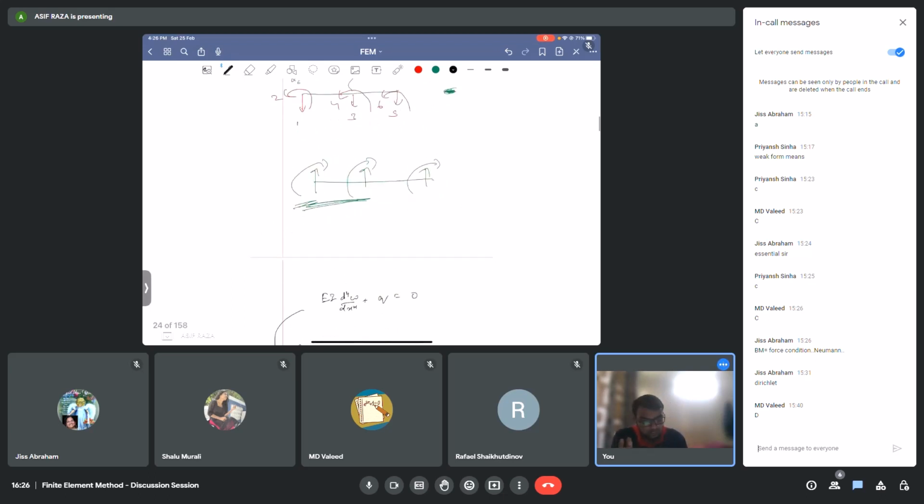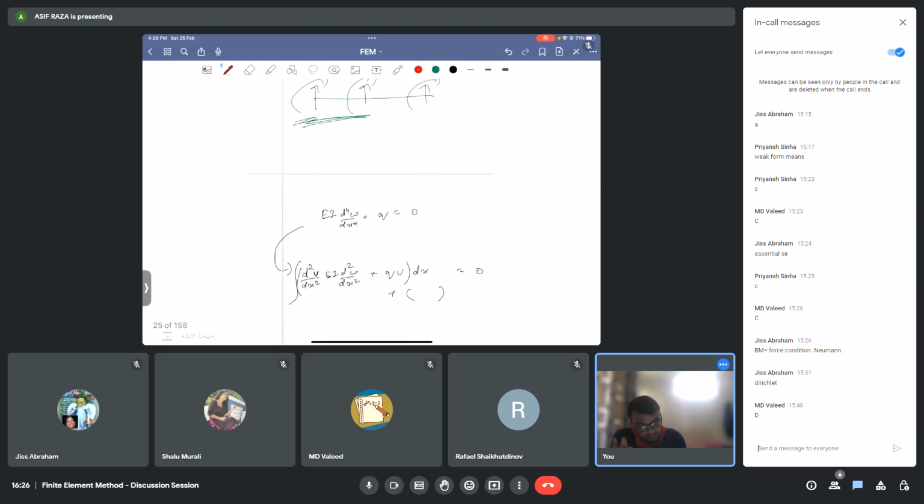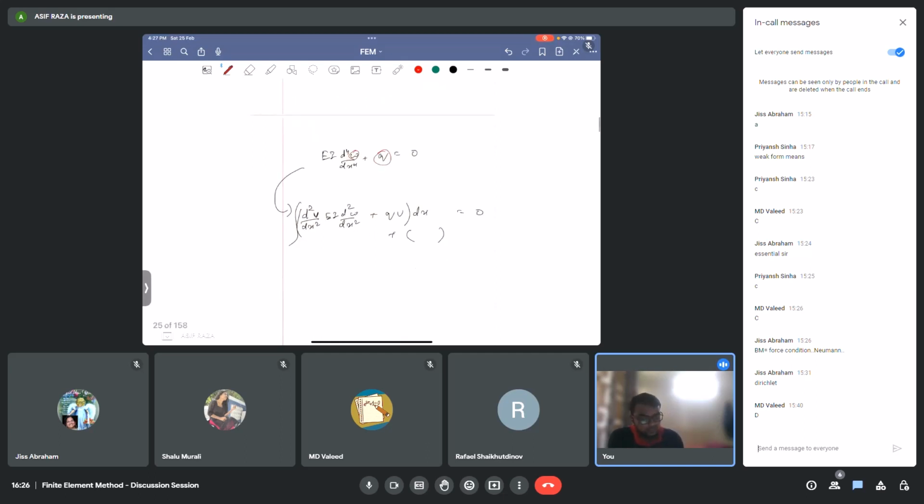If in my governing differential equation itself, my w and q sign convention, I am just taking the opposite of it, then the final stiffness matrix pertaining to that will also be the same. Only my degree of freedom sign convention, I'm just taking the opposite of it.